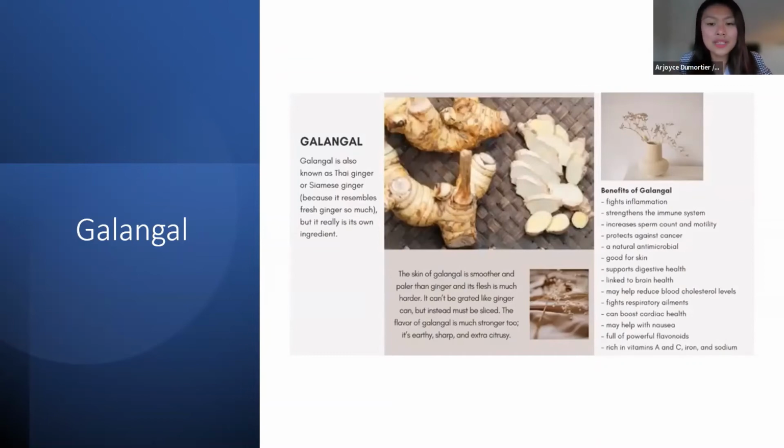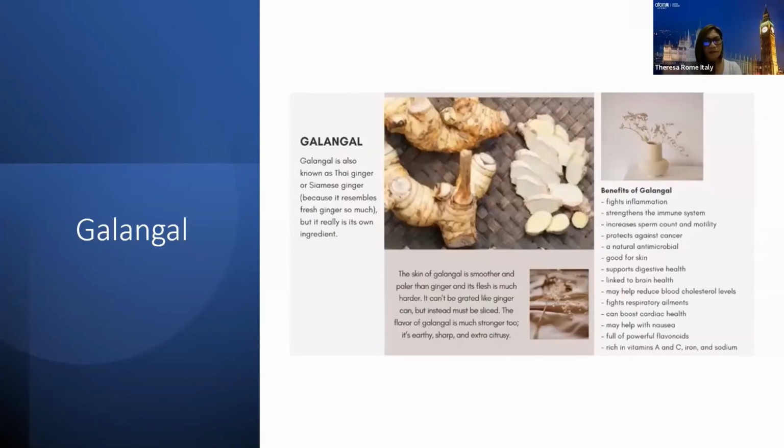It can't be grated like ginger can, but instead must be sliced. The flavor of galangal is much stronger too. It's earthy, sharp, and extra citrusy. Earthy means it tastes like soil, and it's spicier than ginger.